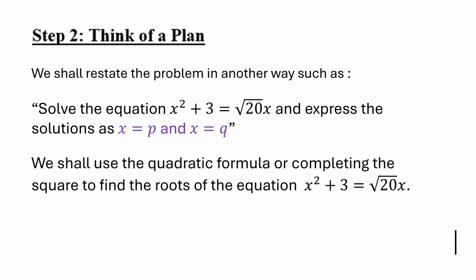Sometimes the phrasing of the questions could be quite intimidating, but if you rephrase it, you will find that it's something very similar to what we have done before. If we restate the problem, all we need to do is just solve the equation, and the answers you get for x, you call one of them P and the other one Q. So how do we go about solving a quadratic equation?